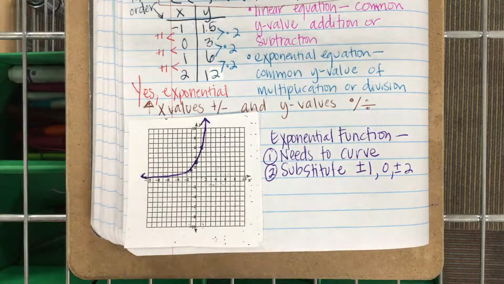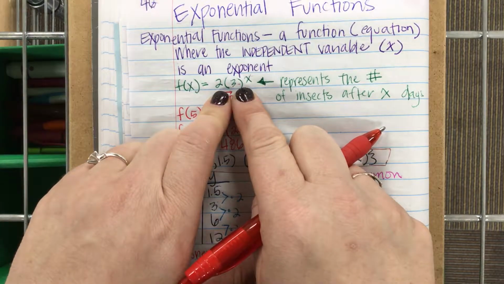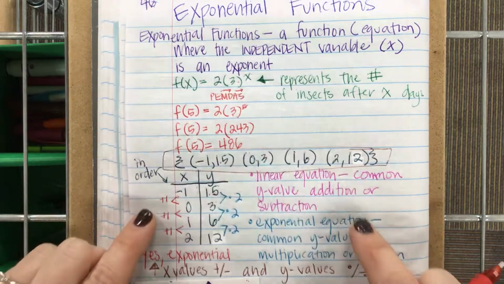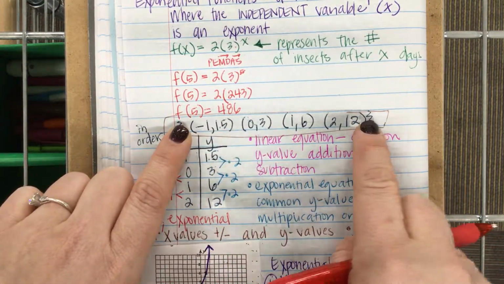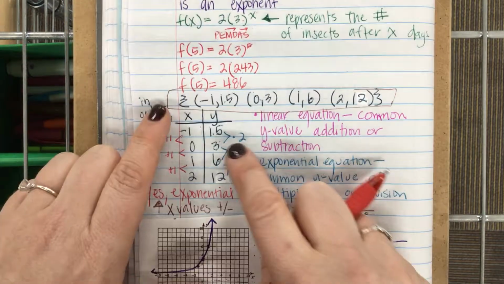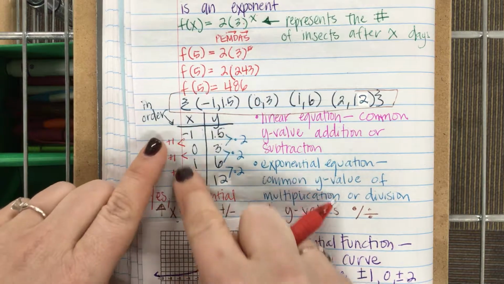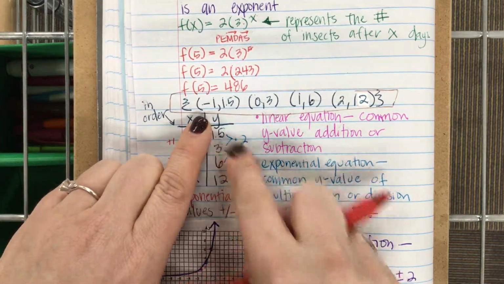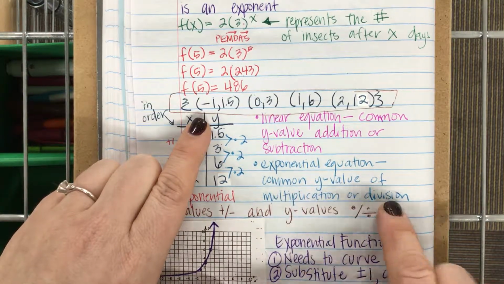So let's recap. If you're given an equation, how do you know that an equation is an exponential function? The x value is an exponent. How do you know if a set of ordered pairs, a relation, is an exponential function? Your x values have the same common addition or subtraction, but your y value needs to have a common multiplication or division.